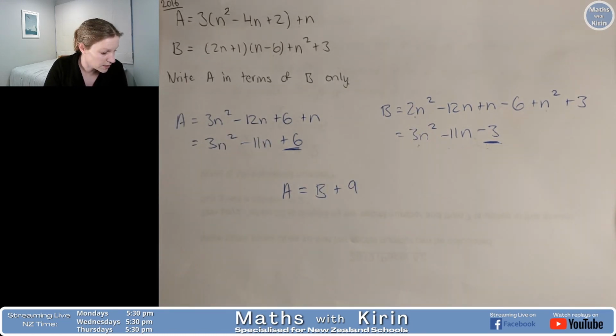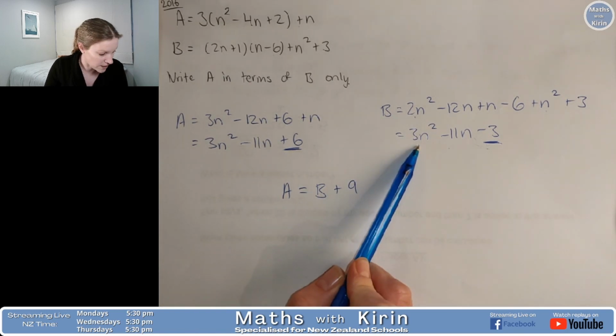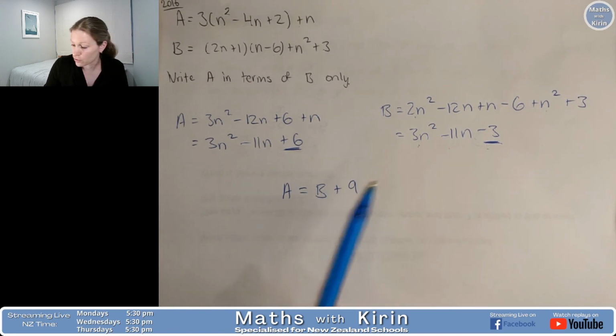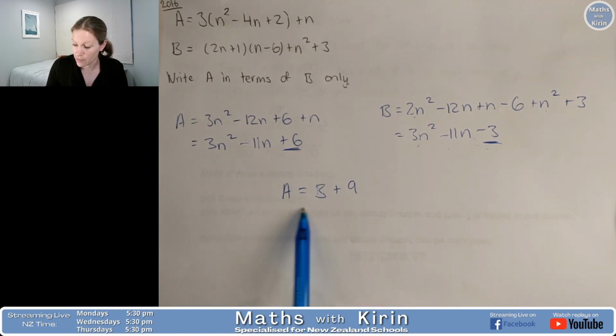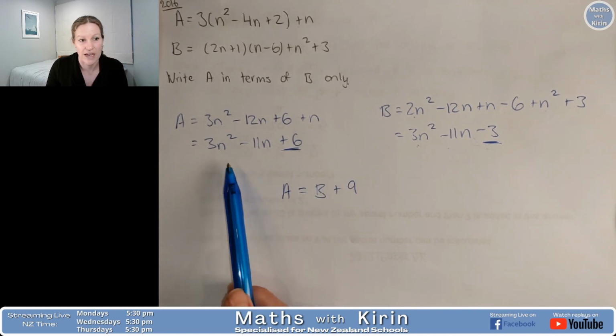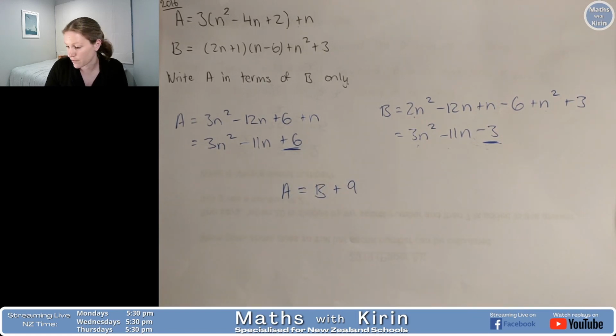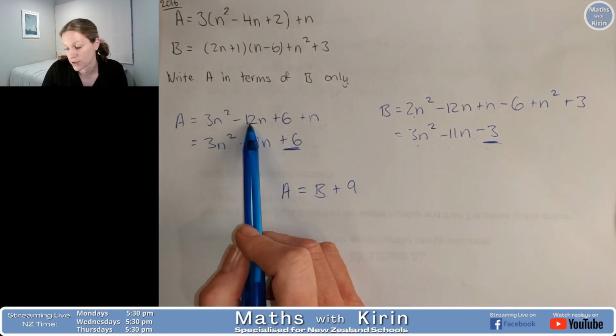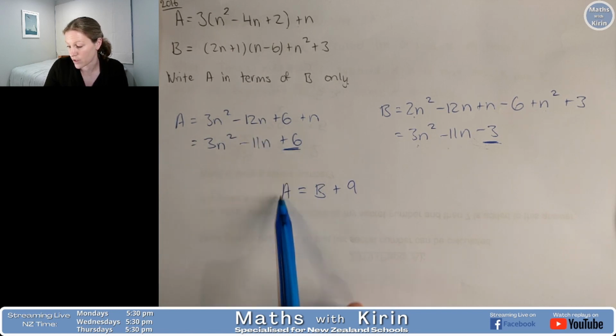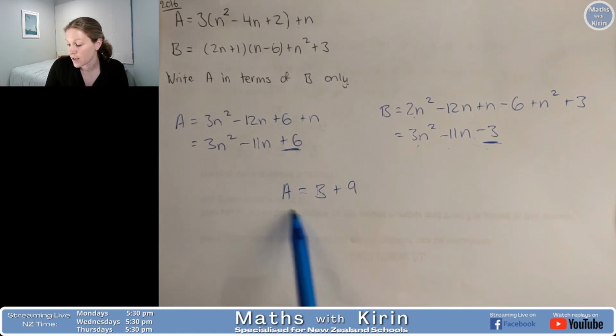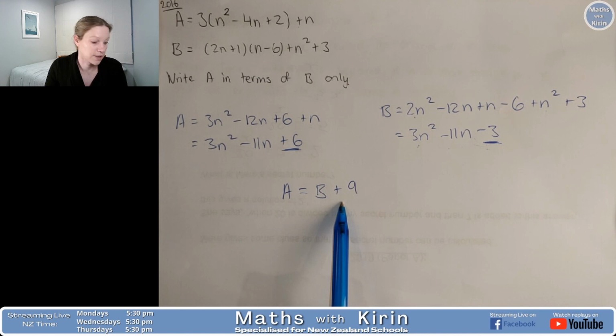And for merit, you correctly expand and simplify both A and B, or you write A in terms of B, but it's consistent with an incorrect expansion and simplification up here. So if, for example, you write plus 12 in here, and then follow that through, you'll get something different here. But if that happens, you can still get merit if you follow that all the way through.